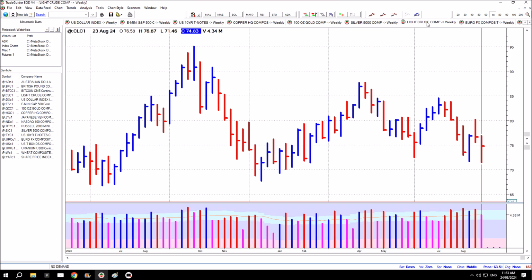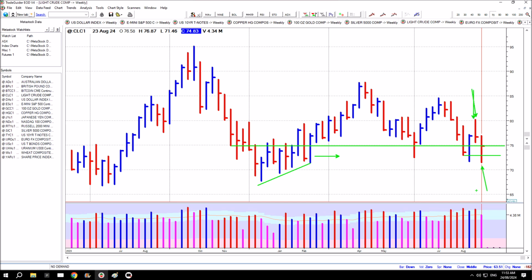Light crude price futures had some weakness emerge last week. Here's the lows of the range. Price came back pretty much adjacent to where the market found support previously, down here. In response to this weakness, the market pulled back.